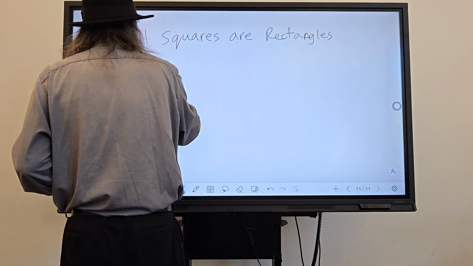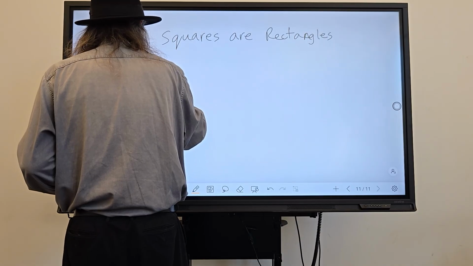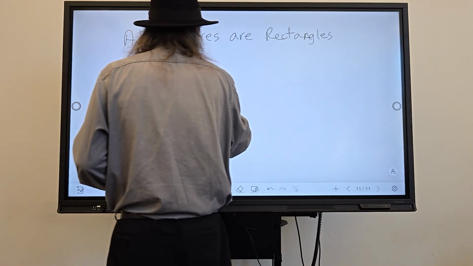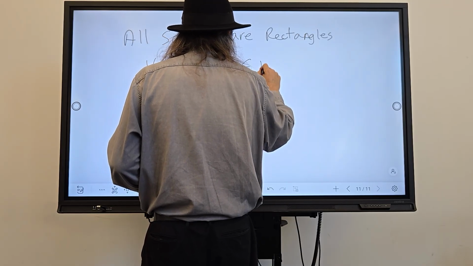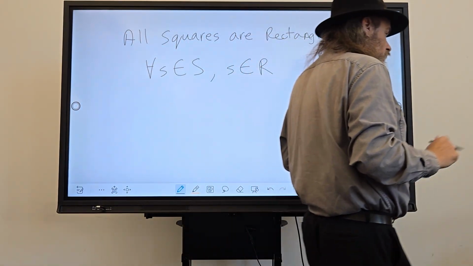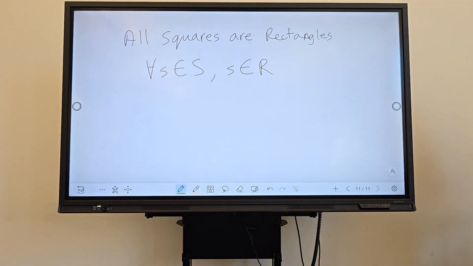So for all S an element of squares, S is an element of rectangles. Right? Yes.